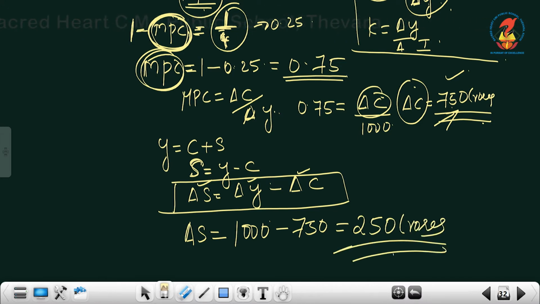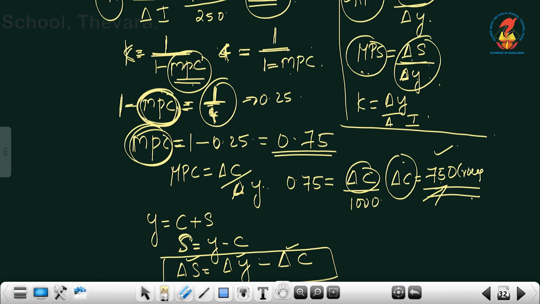Now this is not the only way you can find out delta S. You can find out delta S by using this equation. See, all of you look here. By using MPS, find out MPS from MPC. Anyway you have MPC, isn't it? So from that you can find out MPS. Now from the MPS you can write down the equation delta S by delta Y. Delta Y is already there in your data.